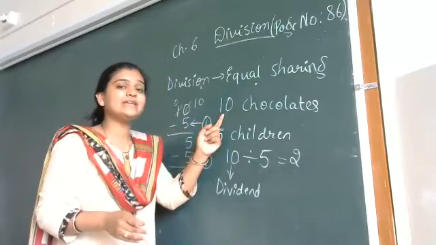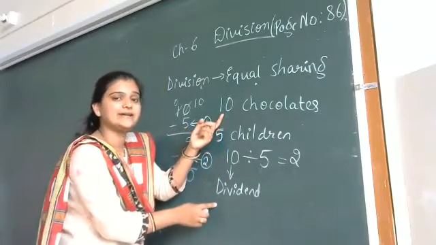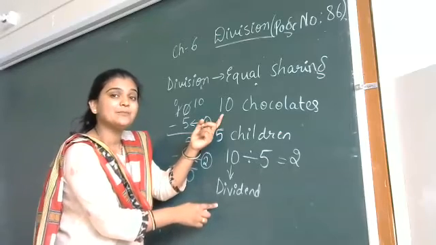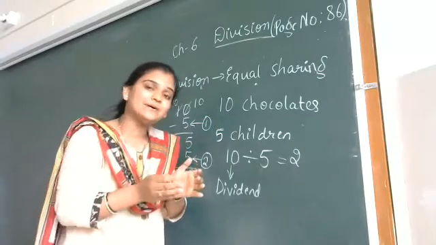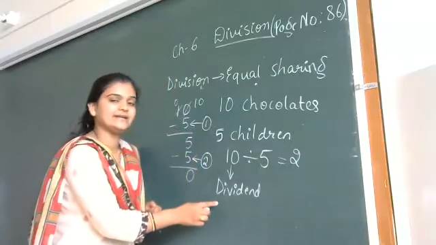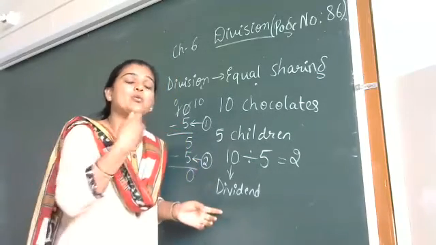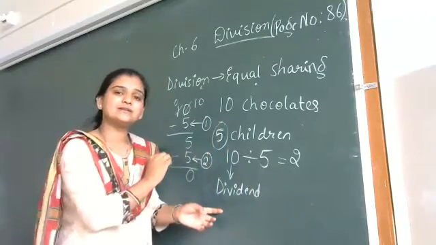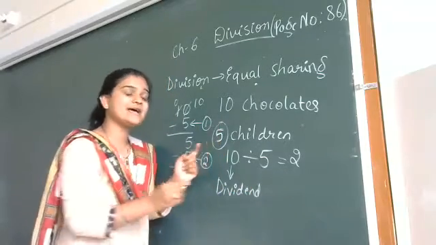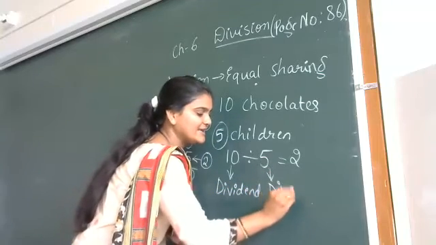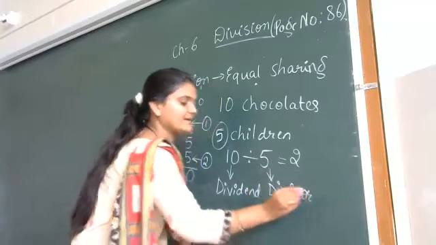So the number 10 is known as the dividend. By what number are you dividing? You are dividing among 5 children, so 5 will be known as the divisor.